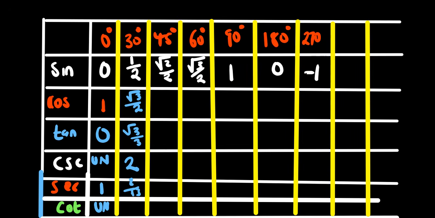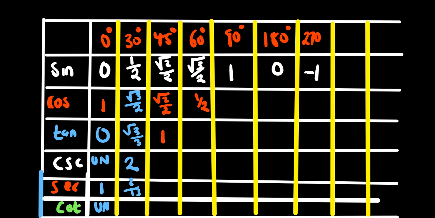Now cos 45 is just root 2 over 2, from our special angles. Then tan 45 is just a 1, like we found out. Then cos 60 will give you 1 over 2.